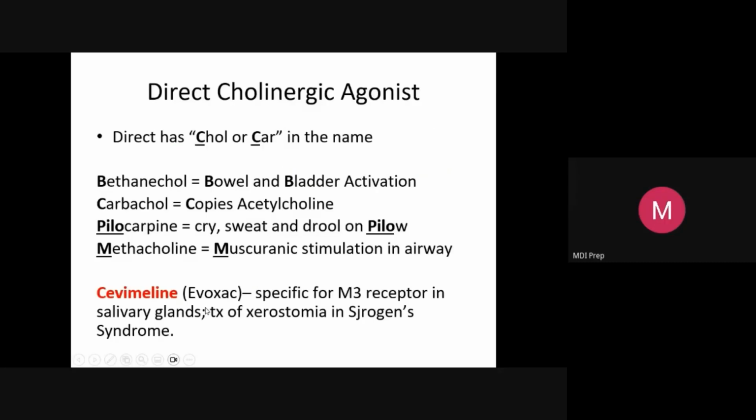So here are our wonderful mnemonics. You know, we love mnemonics. So I want you to think about two big things. You can have what we call a direct cholinergic and an indirect cholinergic. Now, if I were traveling to California and I decided to take Interstate 10 all the way to California, my goal is to get to California.